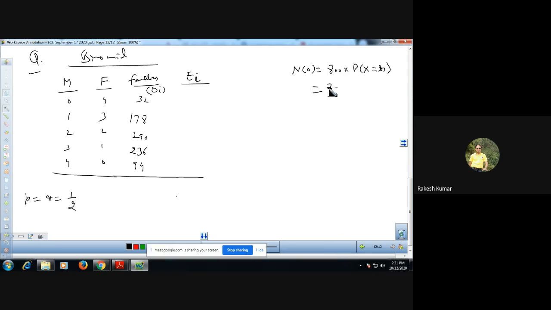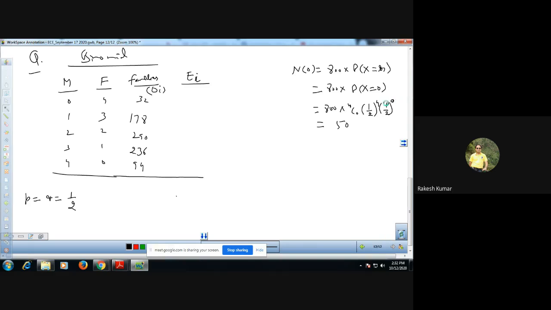And you know the formula for binomial distribution, probability x equal to 0. So that will be nC0, and n is 4, 4C0 into 1 by 2 raised to power 0 into 1 by 2 raised to power 4.